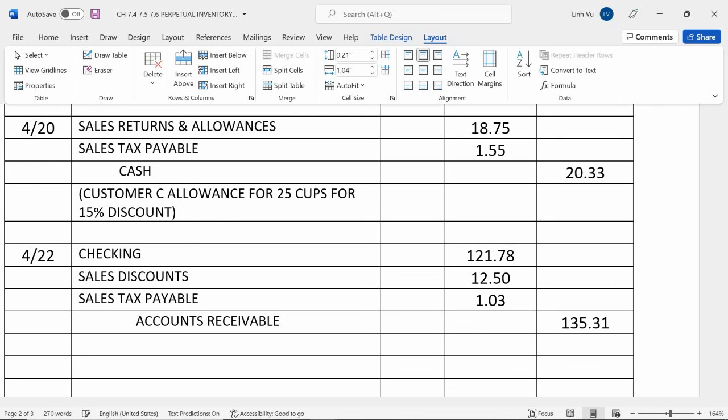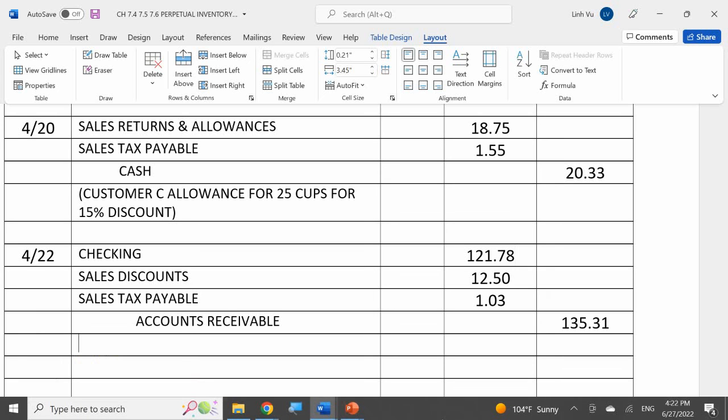Yeah. Good, right? That's what he's actually going to pay me because he received that 10% discount. And I'm also going to recognize that. Received payment, customer B.